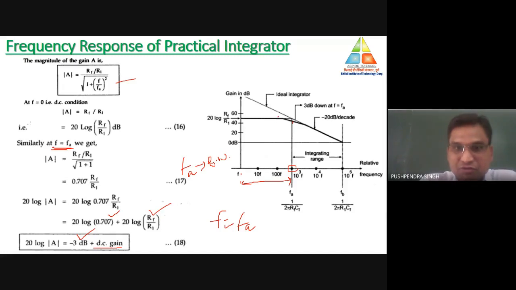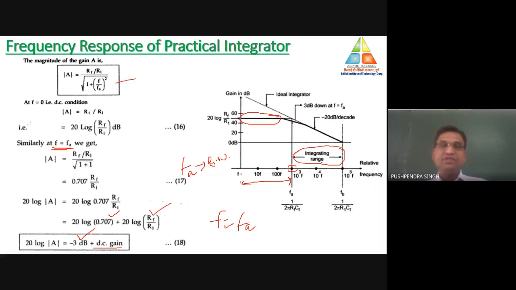Here the value of output is constant, so we are not able to get the integration. So where actually are we getting the integration? After FA and up to the frequency FB, we are getting the integration. This is the range where we get the integration of the signal.